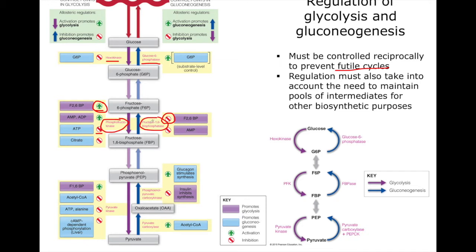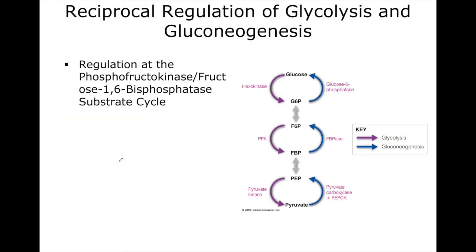So we want to take a look at all of these activators and inhibitors in a little more detail for each of these regulatory points. So this will be our regulatory point here. We have a regulatory point here and here. So let's focus on these regulatory points. We've got, as we mentioned, the major one where both glycolysis is activated and gluconeogenesis is inhibited.